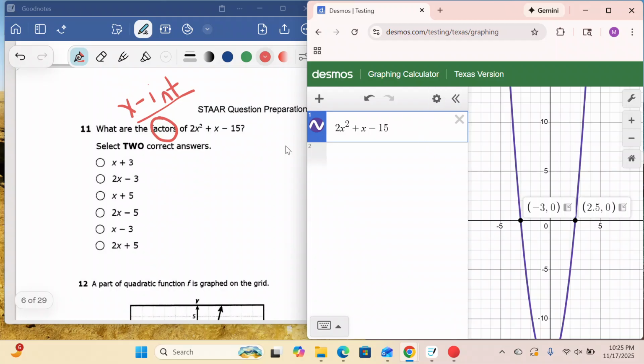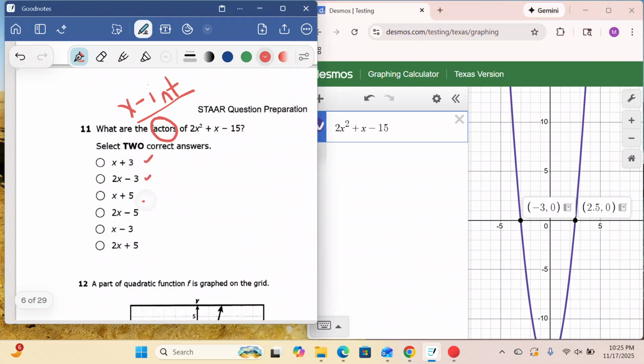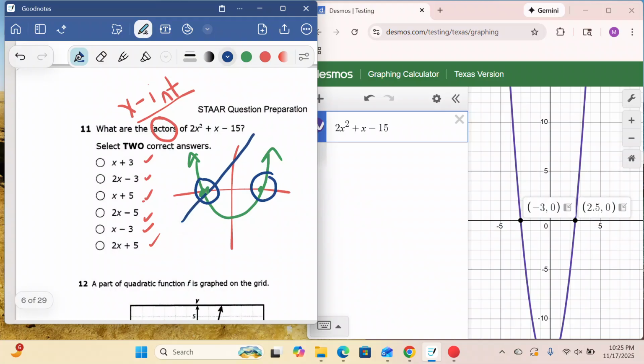So what we're going to do is graph every single one of these right here, and whichever one passes straight through the x-intercept. So this is my U shape. These dots are my x-intercepts. Whichever one passes straight through my x-intercept is a factor.